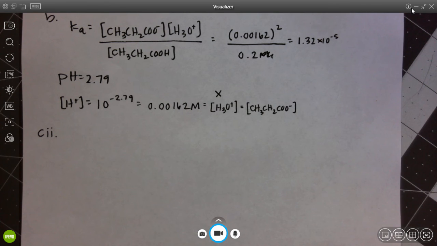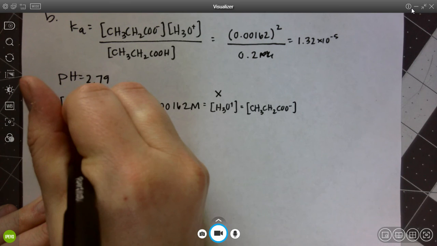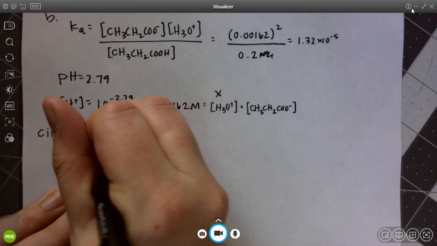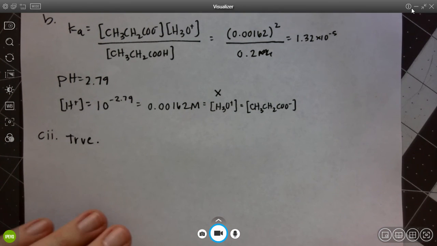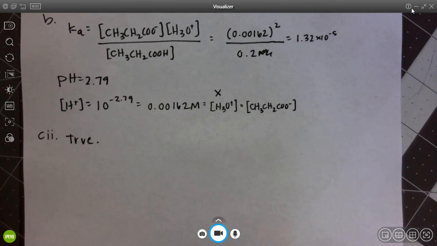What this is saying is that if the two solutions have the same pH, then the HCl solution must be a lower molarity. And that is true. So the first thing you're going to do is answer the question, true. And then you have to explain why.